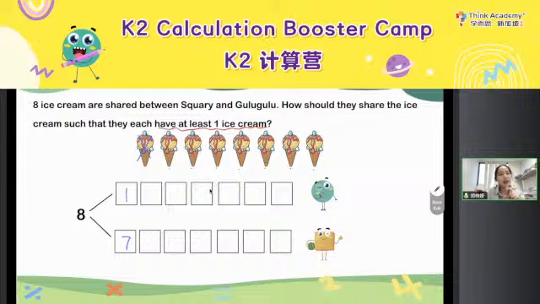So this is about Glue Glue only getting 1. But Glue Glue wants more. Can it have more? Yes. So what about Glue Glue has 2 ice creams? Then how many can Squarey have? So 5 seconds, I know you can cross out 2 ice creams and count the remaining ice creams for Squarey.